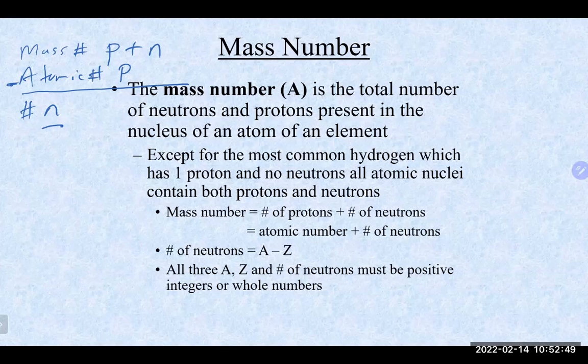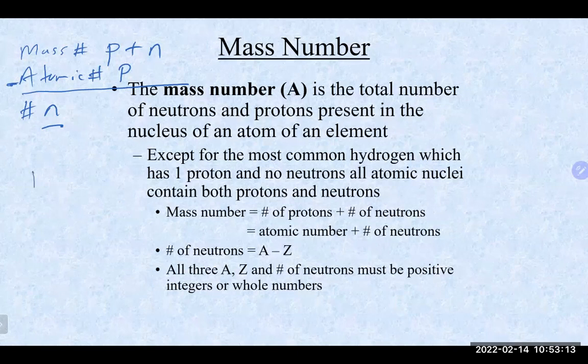Except for hydrogen, I should say, is a better way to put that. Except for hydrogen, every single element has protons, electrons, and neutrons. Hydrogen does not. Hydrogen has a proton and it has an electron. It does not have a neutron, but every single other element will have all 3, which is why hydrogen has some special properties.